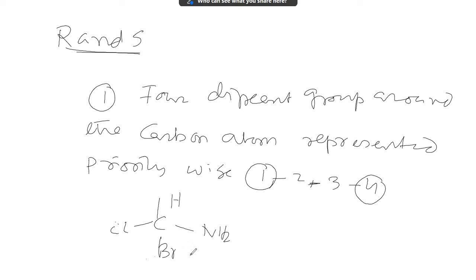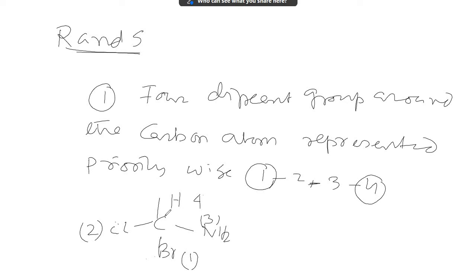So bromine has the highest priority, that is 1, highest atomic number, followed by chlorine, then nitrogen, and H. H is the lowest priority, 4, because it has the lowest atomic number.